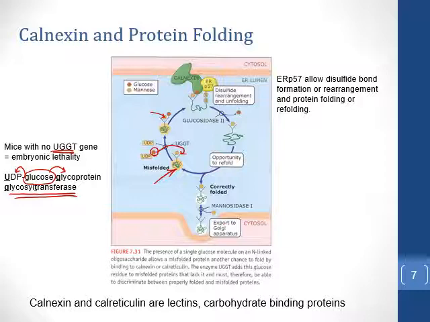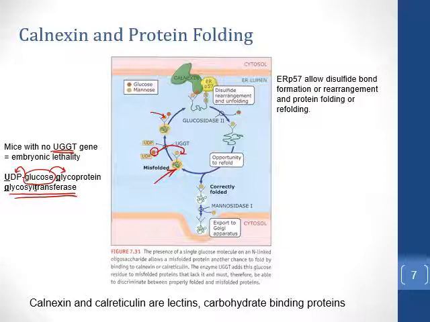Now, what is Calnexin? Calnexin is a lectin. And lectins are proteins that have a high affinity for other proteins with carbohydrates on them. So they're essentially carbohydrate binding proteins. There are a couple in the ER that are important, Calnexin and calreticulin. This slide really focuses on Calnexin.